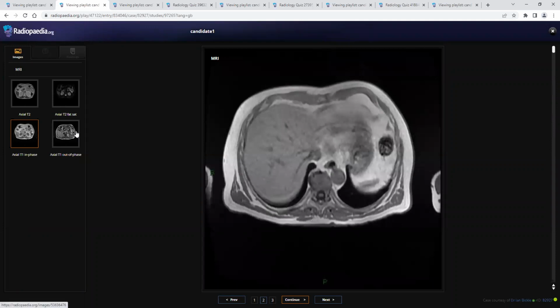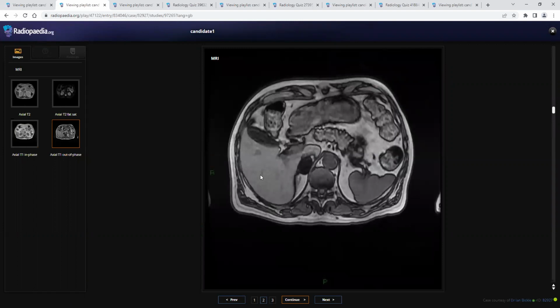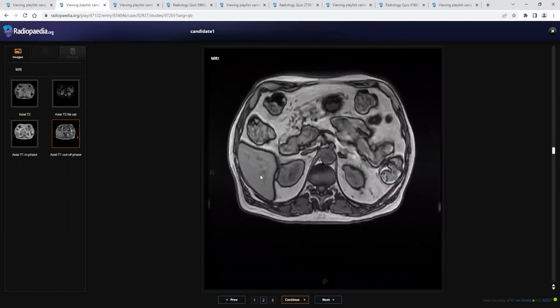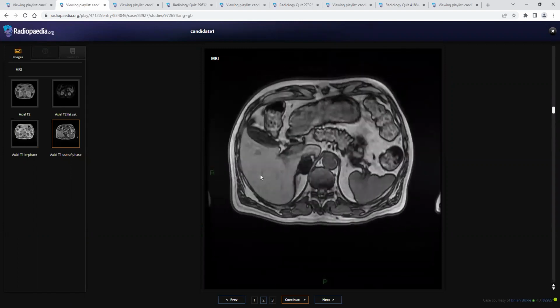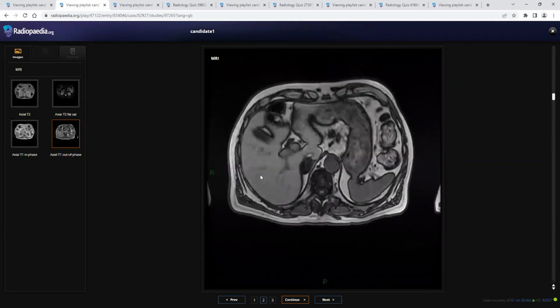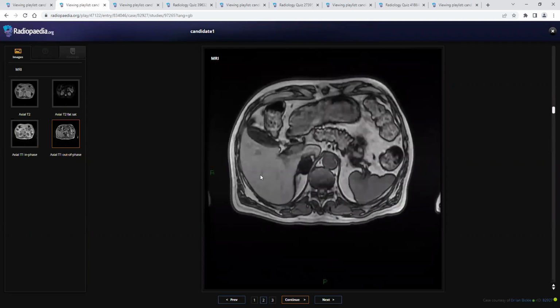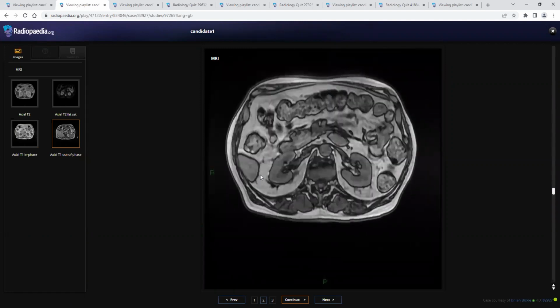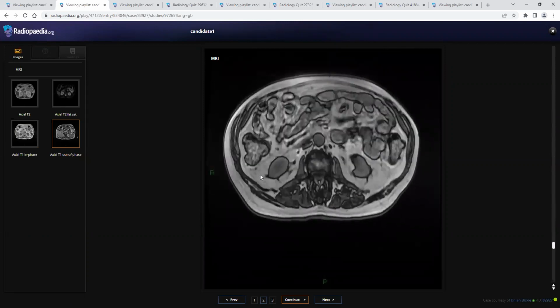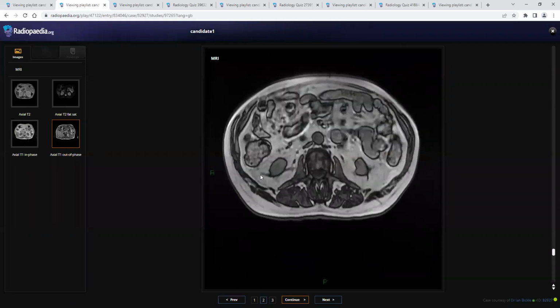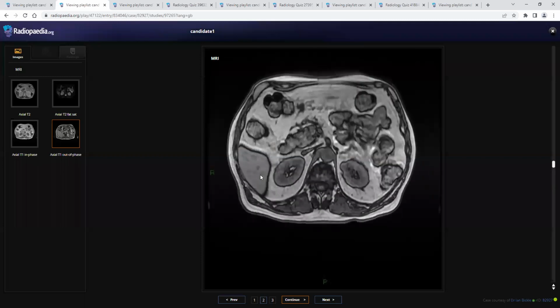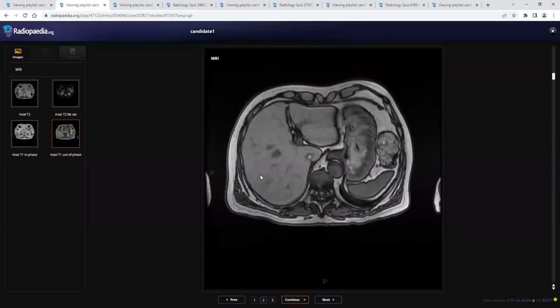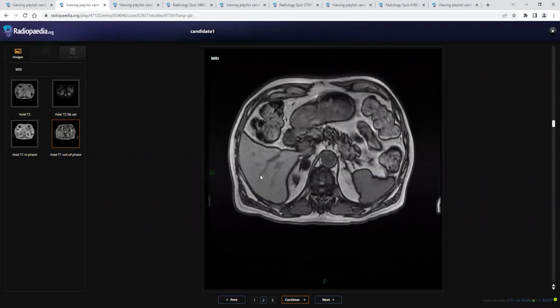With T1 out of phase, it is suggestive of containing fat content because there is a drop of signal within the out of phase series. So I think these findings are raising the possibility of an incidentaloma, a right adrenal adenoma.